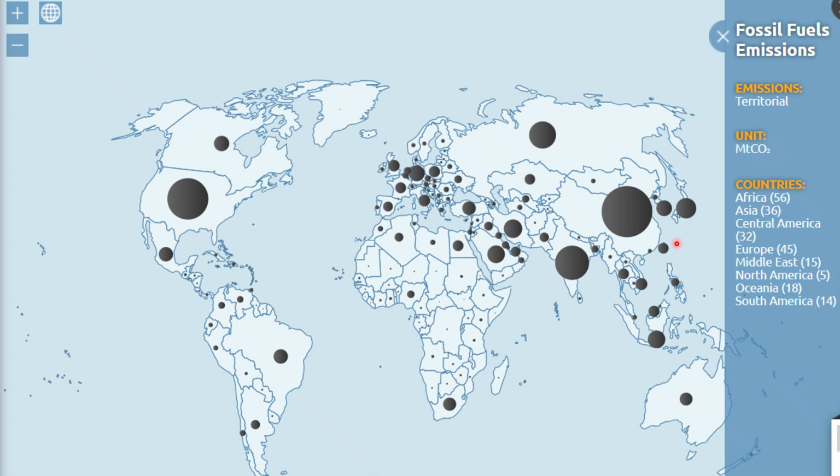The larger circles are bigger emitters. And as you can see here, the United States, China, and India, as maybe you're expecting, are the leaders of total amount of metric tons of carbon dioxide per year.